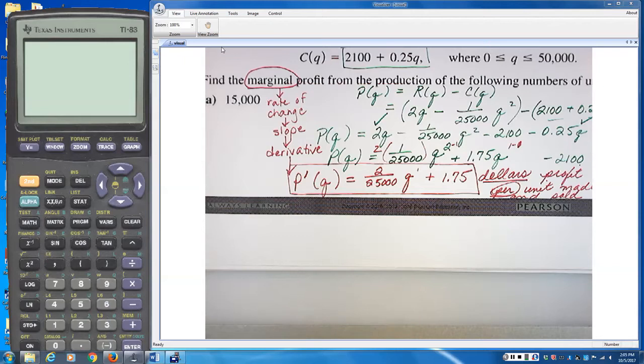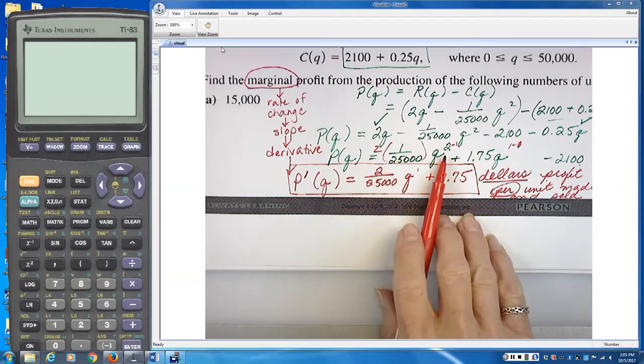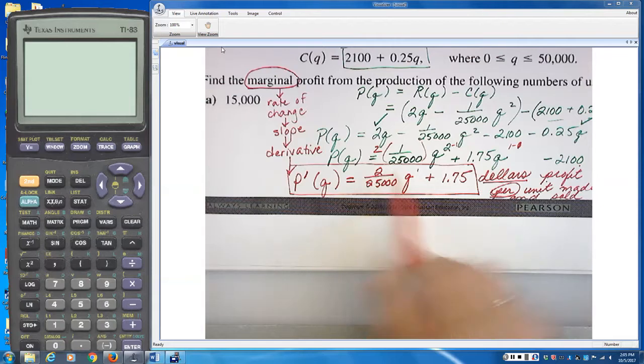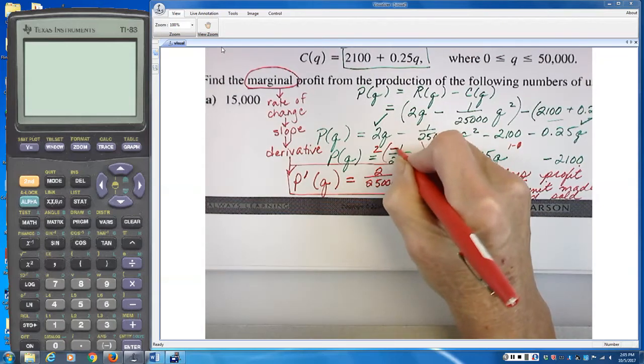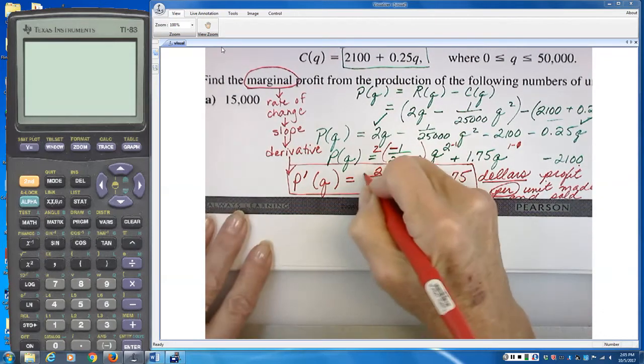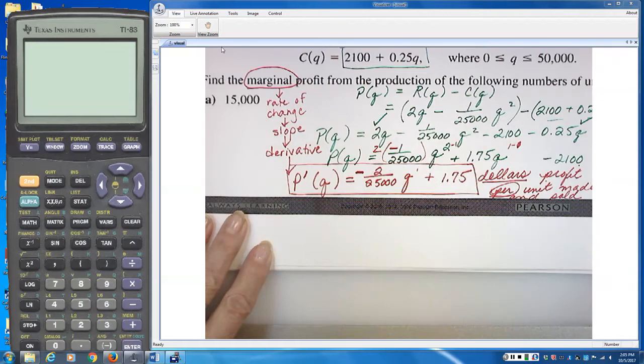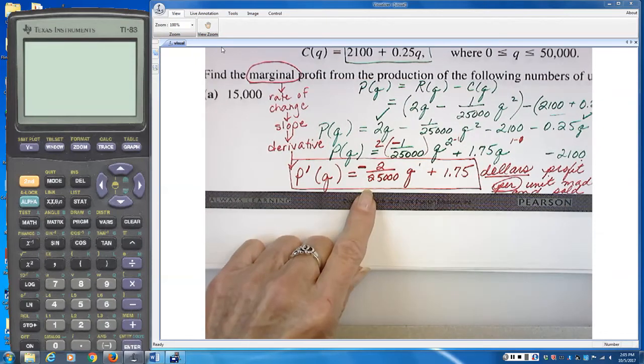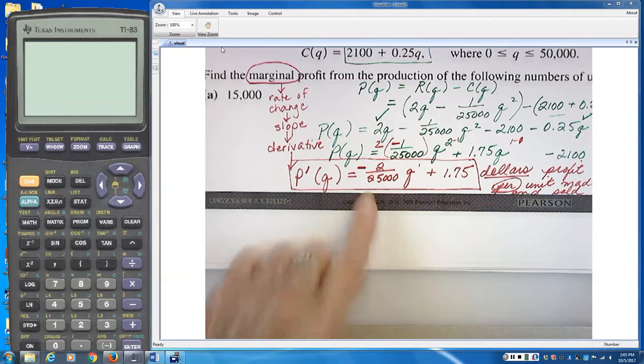I missed this. Yeah, I lost a sign somewhere. Hang on. I lost it right here. So you are right. You don't have to turn it around though, because at this point, it's still the same thing. I just dropped the sign, so thank you for catching that.